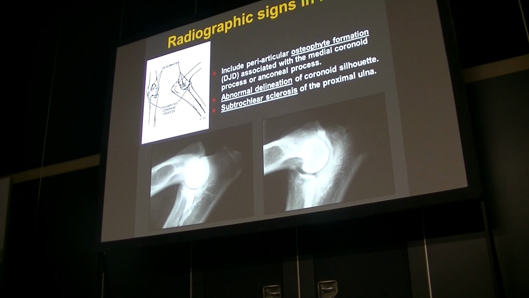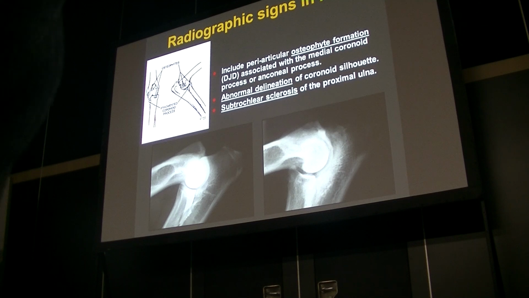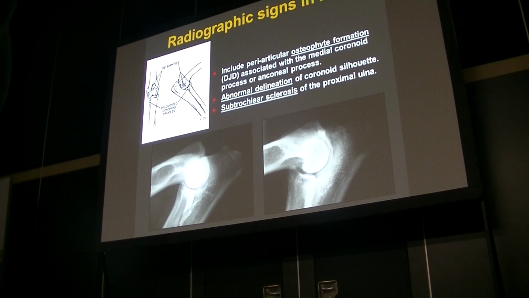Then secondarily, we try to visualize the delineation of the coronoid process, and here our line stops and goes straight up, so there's no triangular shape anymore. And also, if we look to the density, it's very irregular, inhomogeneous. And then the area of the sclerosis, if we compare this area to this one, is bright, white. So here we are dealing with subchondral trochlear sclerosis in this ulna. So here we can be sure that we are dealing with a fragmented coronoid process.